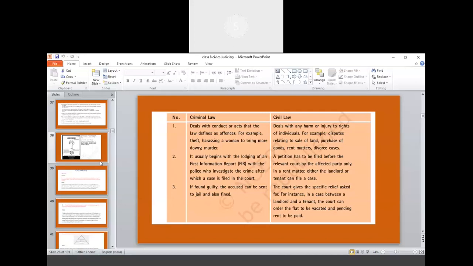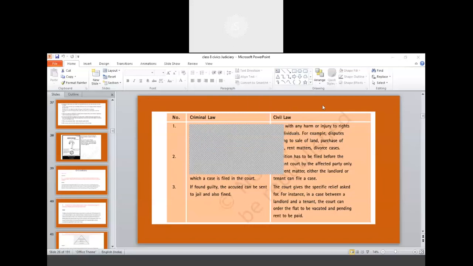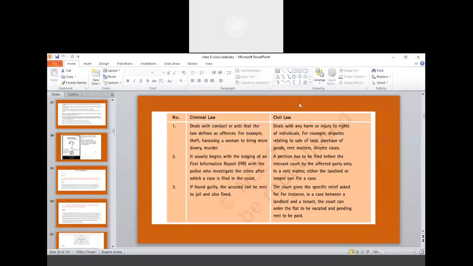Sir, can the Supreme Court overturn any judgment it has given? If the Supreme Court gives a judgment, can it take it back afterwards? The Supreme Court cannot take the judgment back. Take for example the Sabarimala verdict case.